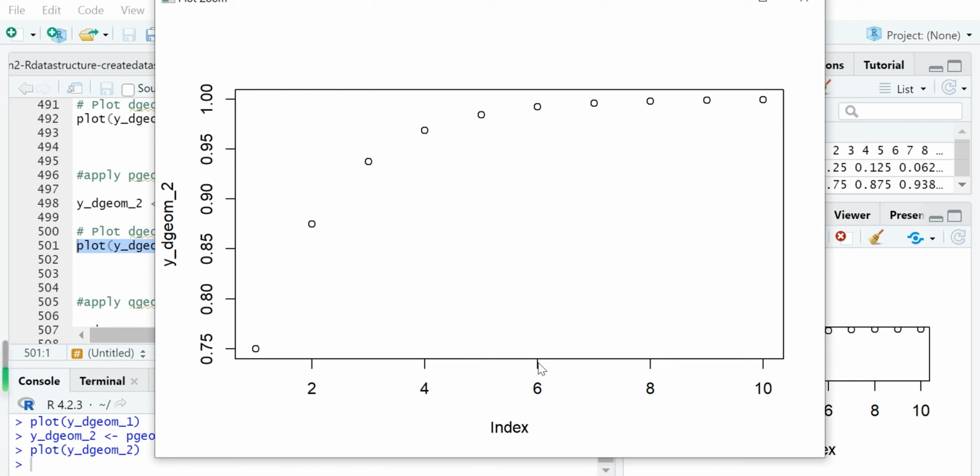What does this mean? In this geometric distribution with a success rate of 0.5, if you take no more than 6 trials, you get a single success with probability 0.98.